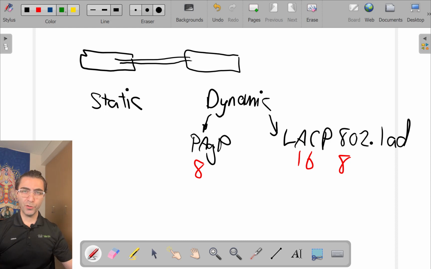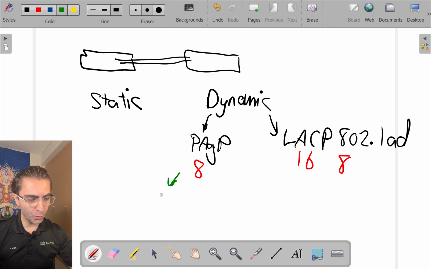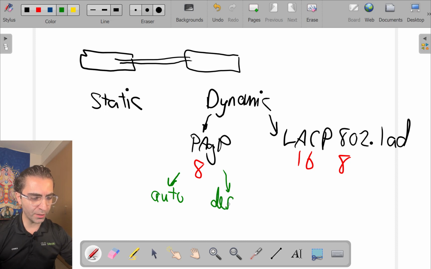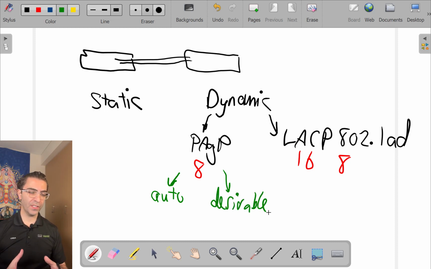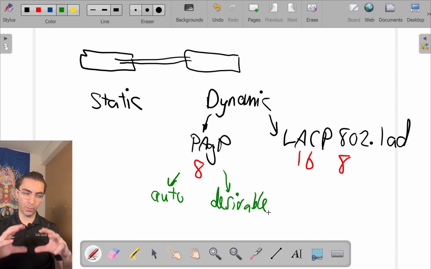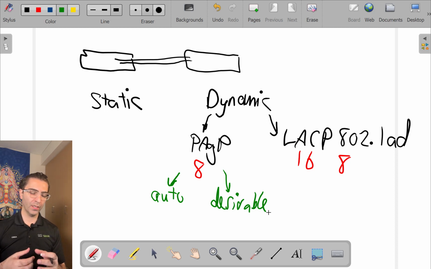When we use PAgP, which is the default protocol, when we configure it, which I will be showing you in the next video, we can have 2 modes. First of all, auto, and the next is desirable. As I mentioned, with these 2 protocols, the switches negotiate the communication to each other about bundling these ports or not.